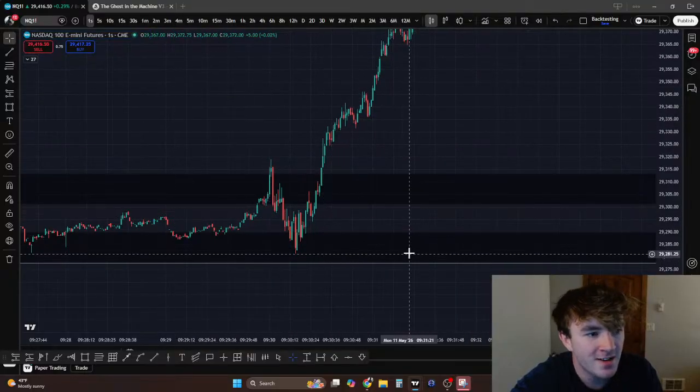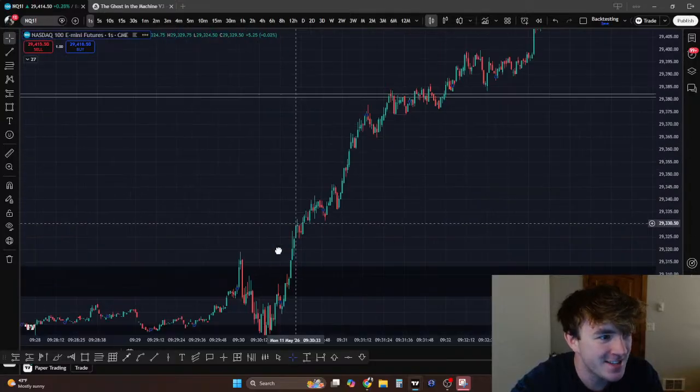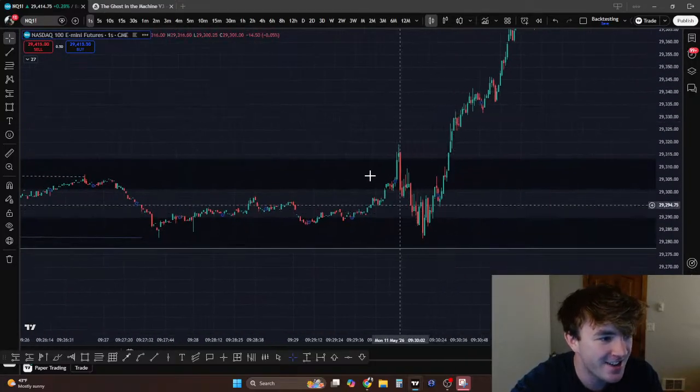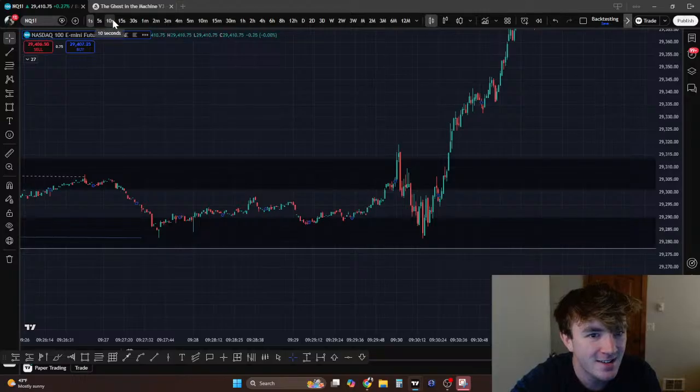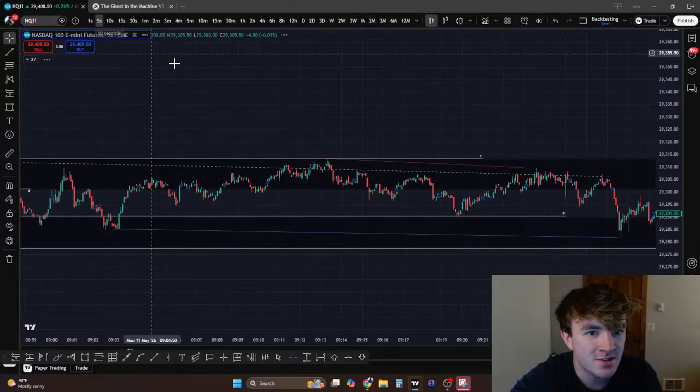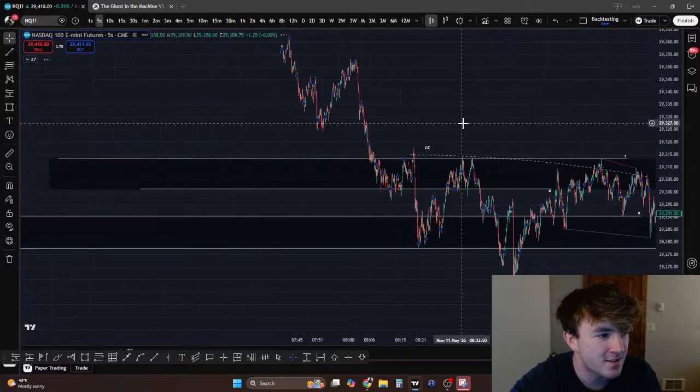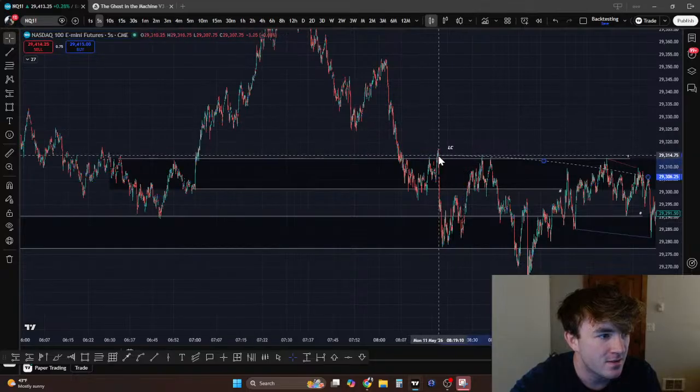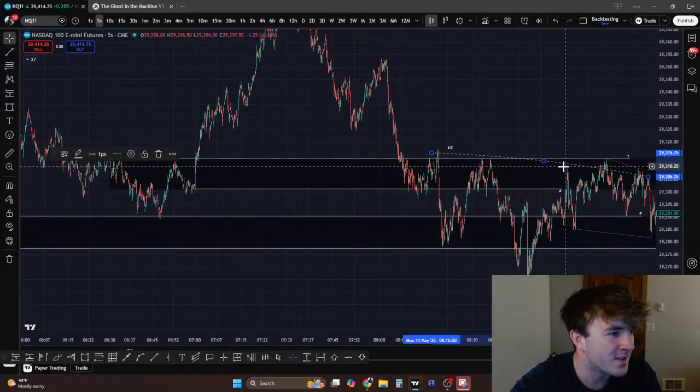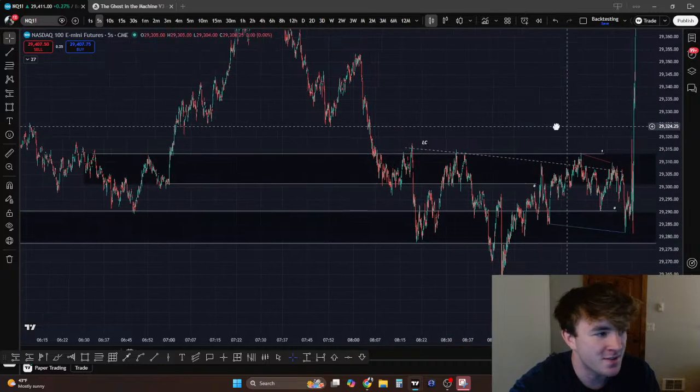Wow, why is the 1 second chart so clean? This is the cleanest I've ever seen a 1 second chart. It's looking like you are trading ICT. What? ICT is price action. I don't know what you're talking about.